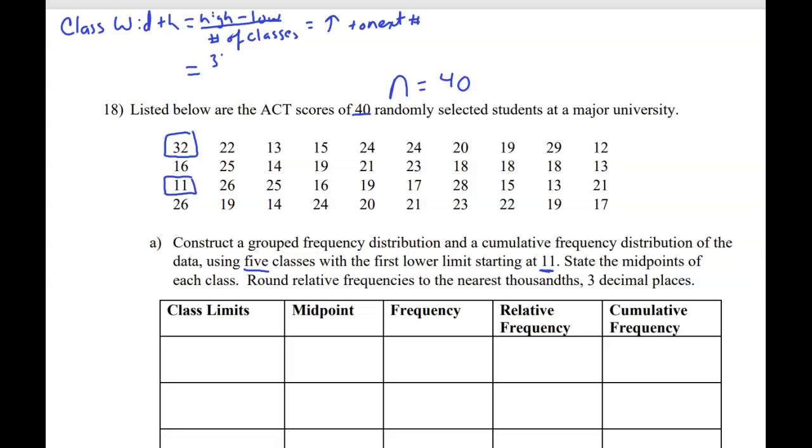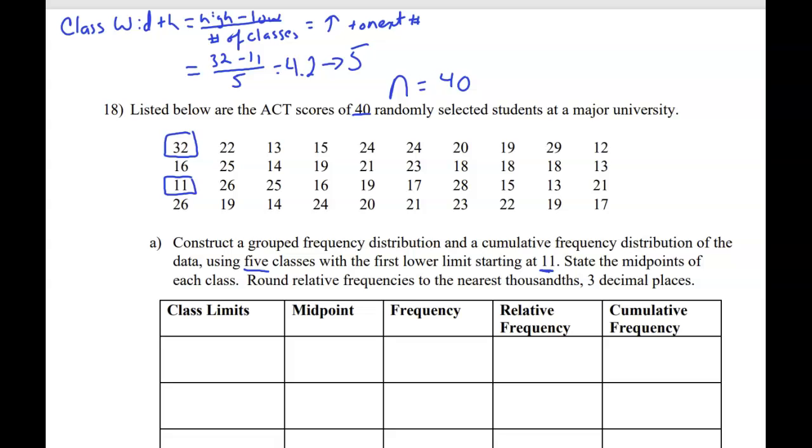So I'm going to take the difference, 32 minus 11, and I'll divide by 5. 32 minus 11 is going to be 21 divided by 5. That will give me a 4.2. So my class width that I'm going to use is actually going to be 5. Think about something costs $4.20. I have to go in with a $5 bill. Okay, I can't go in with $4.